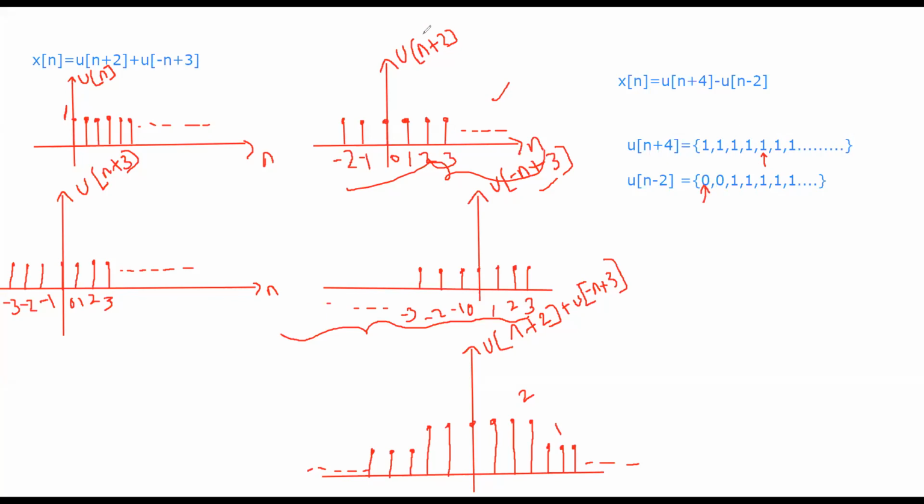So now we would like to find the resultant. Resultant is, see here, at minus 4 it has the magnitude of 1, but this has the magnitude of 0. If nothing is mentioned, it means 0. Minus 3, minus 2, minus 1, 0, 1.